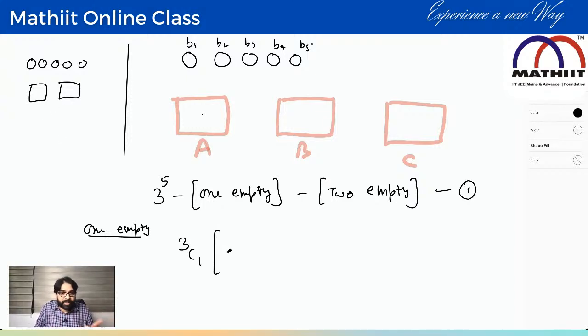First free distribution, I will say 2 power 5, because this can go by 2 ways, this can go by 2 ways, this can go by 2 ways, this can go by 2 ways, minus. Are you able to understand? Minus, I will remove the case when one is empty, because in this, one empty can happen. One empty in how many ways can happen? 2C1, I will select that, and into the 1 box left, all will go in that box, only one way.